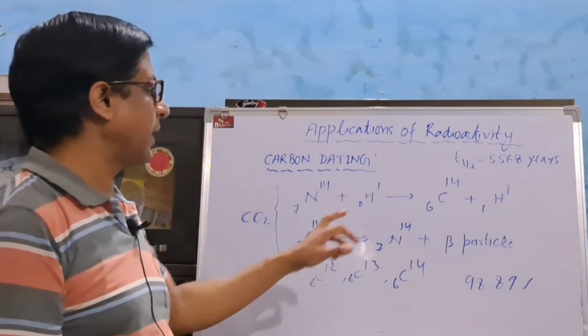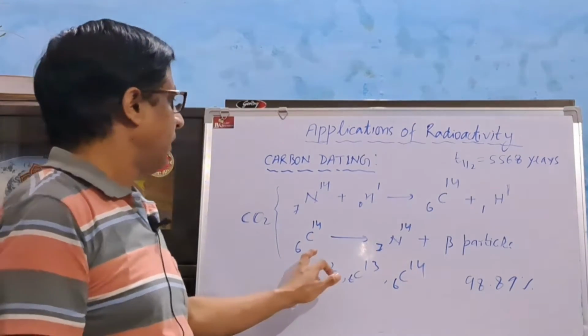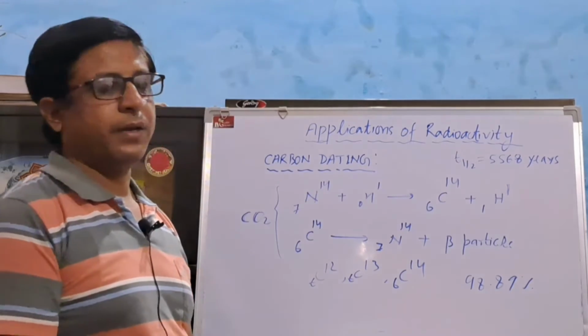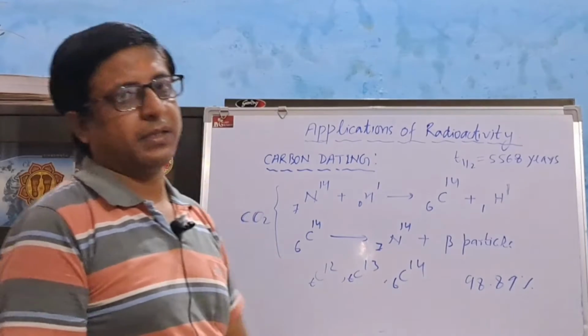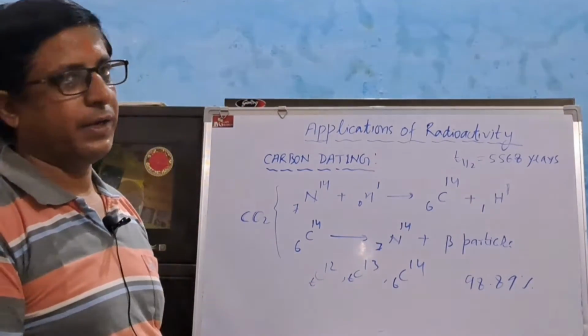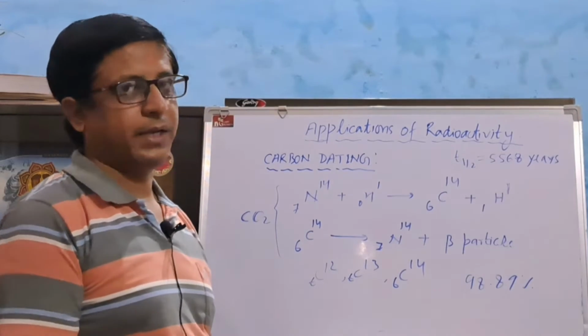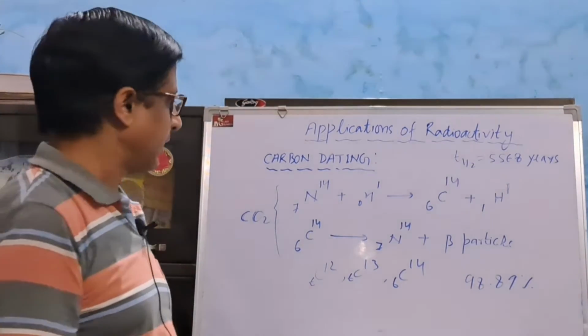But as soon as the plant or animal dies, the amount of carbon 14 goes on decreasing due to the beta decay. Due to this beta decay, the activity of carbon 14 in the plant or animal goes on decreasing.